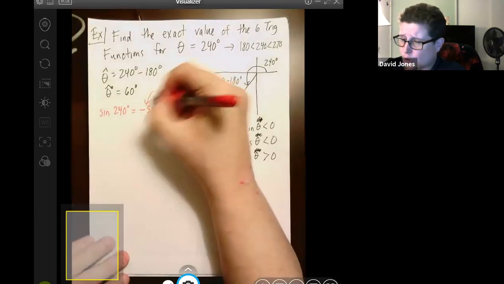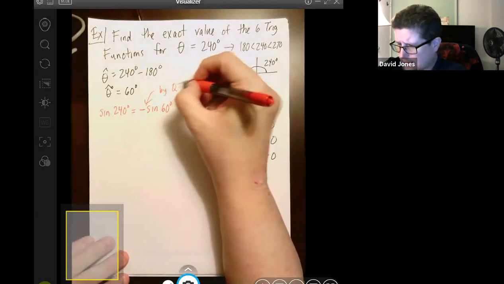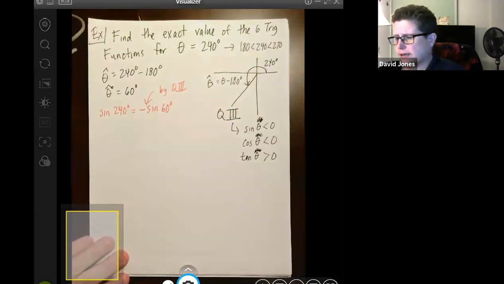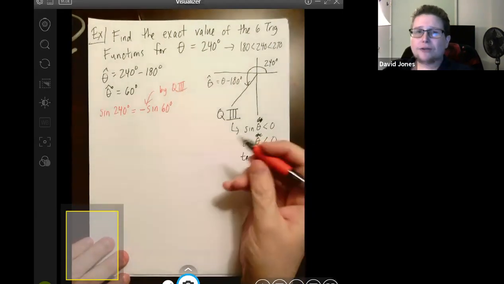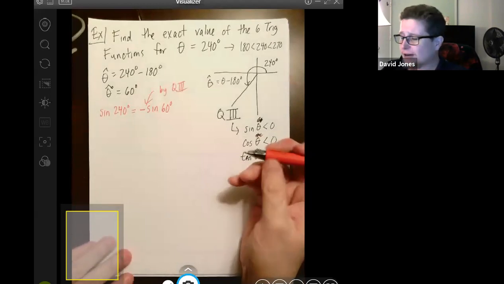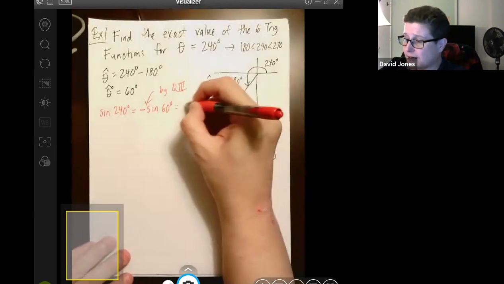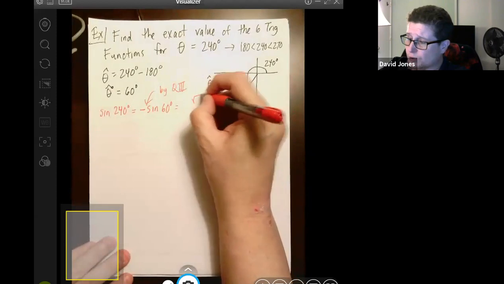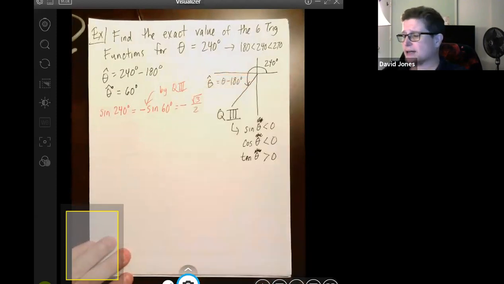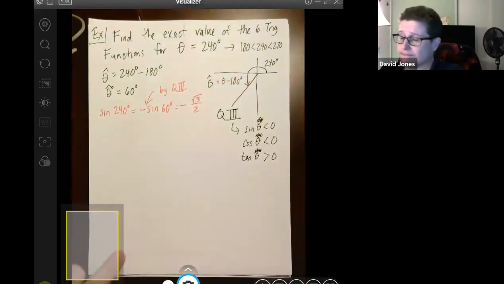And that's by quadrant. And what's sine of 60 degrees? Well, this was one of our special angles, 0, 30, 45, 60, 90. Sine of 60 degrees was root 3 over 2, which makes sine of 240 negative root 3 over 2.